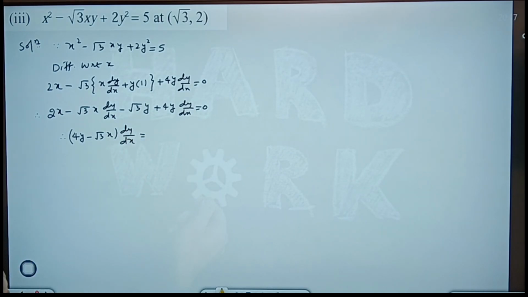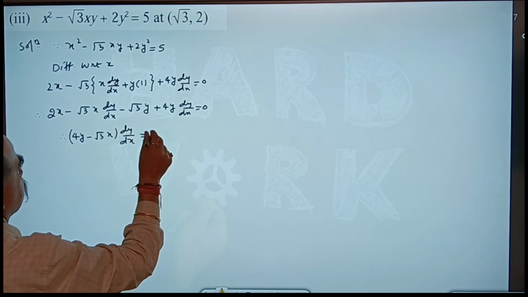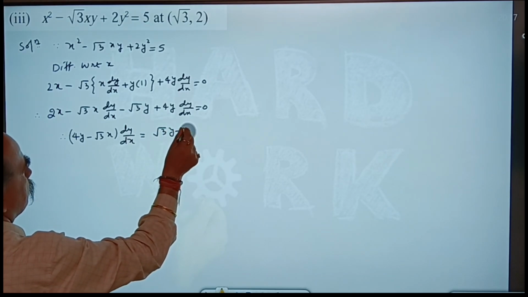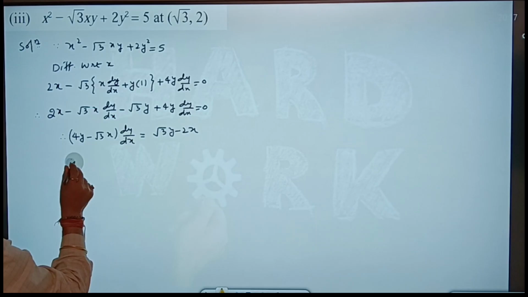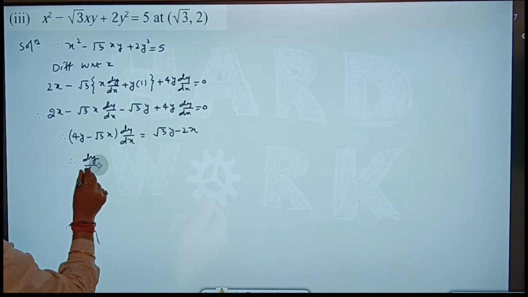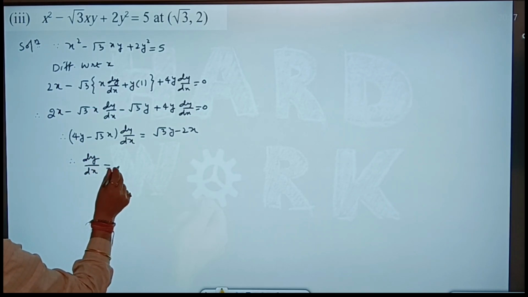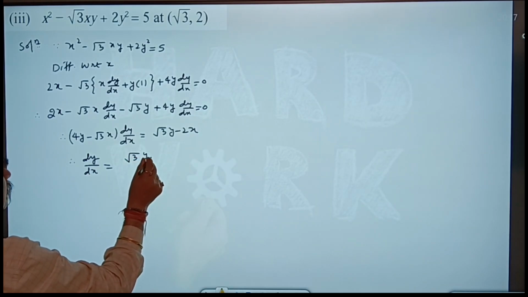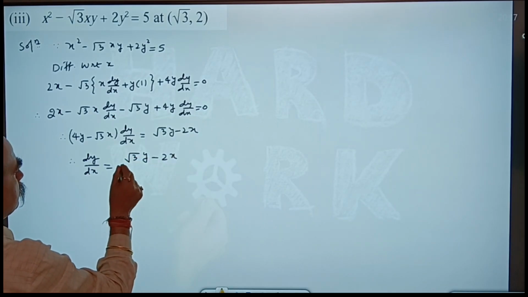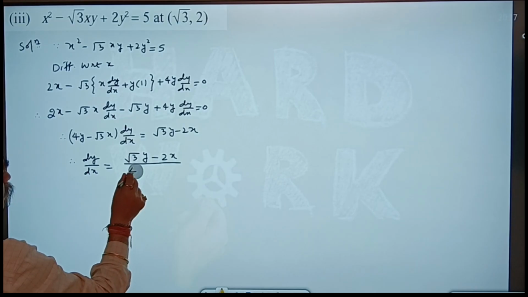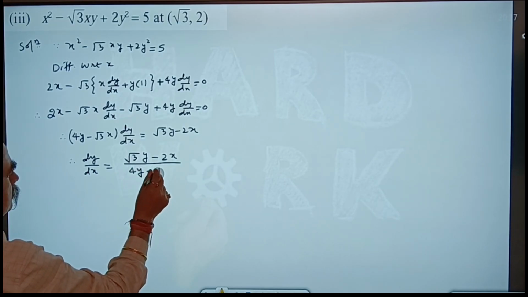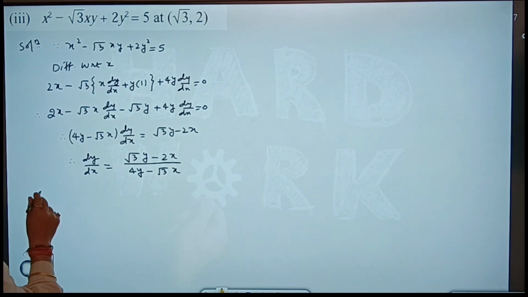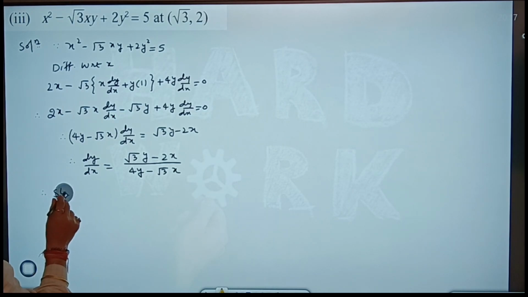Transfer non-dy by dx on that side. So root 3y minus 2x. So dy by dx is what? Root 3y minus 2x upon 4y minus root 3x.